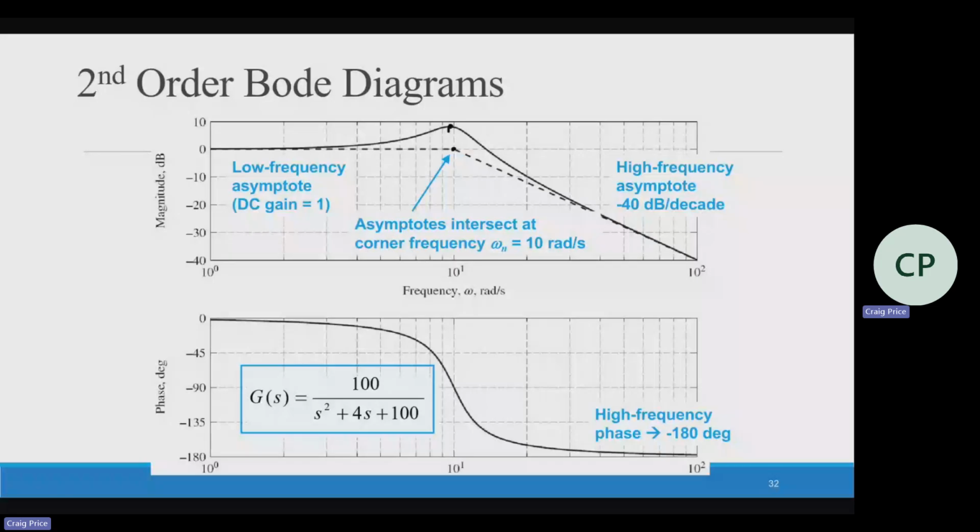We can see here, if my corner frequency is 10 compared to 100, this is where I hit my halfway point, negative 90. This is also the same point where those two lines intersect. In the case of this transfer function, I have very low damping, so that's why we see such a high bump, and that corresponds with resonant frequency, which we'll talk about.